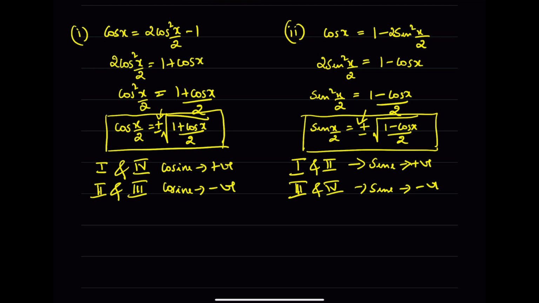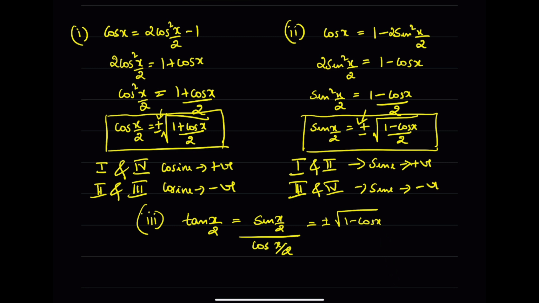Now just to understand what the another format is, it is not very significant. It is tan of x by 2, which is nothing but sine x by 2 divided by cos x by 2. We just divide it, we will end up with plus or minus square root of 1 minus cos x divided by square root of 1 plus cos x.